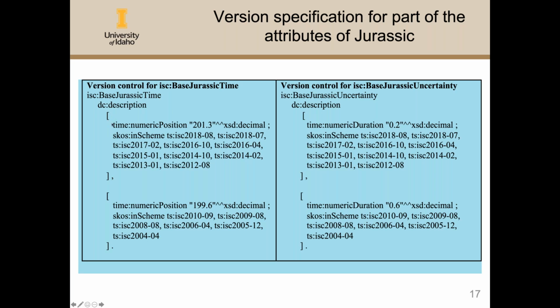You see the square brackets, and then I put the numerical position, for example, here the 201.3, and then in scheme. So this number appears in which scheme? I just put the corresponding scheme IDs here together with it. And the same for another version of the number. The same for the uncertainty.